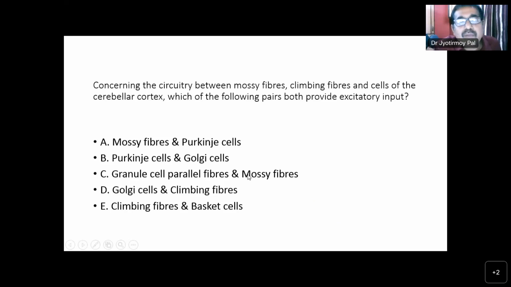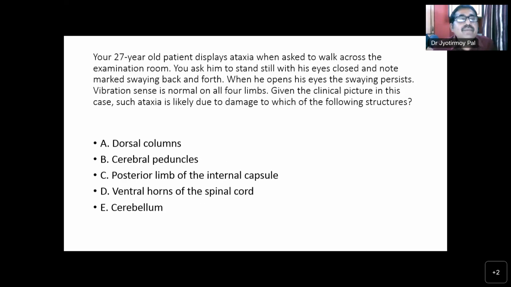All the mossy fibers come to the granular layer. From the granular layer and the Purkinje cells, they send the dendrite to the outer layer. At the end, I will come to the previous one I skipped. I will show it. It's very interesting.